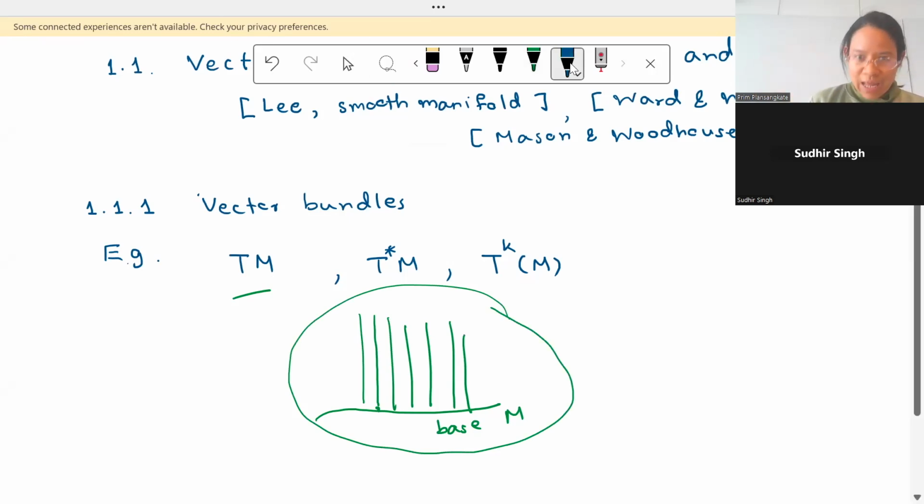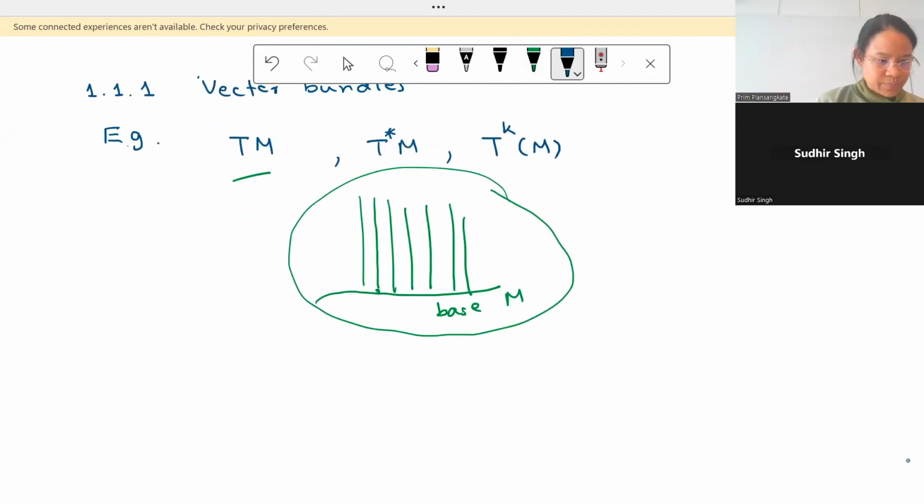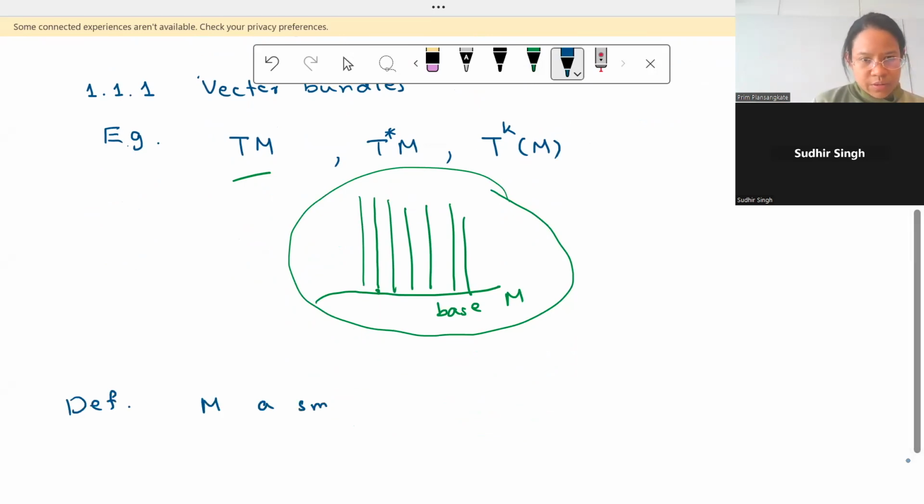Right, so let me write down the proper definition. M is a smooth manifold.